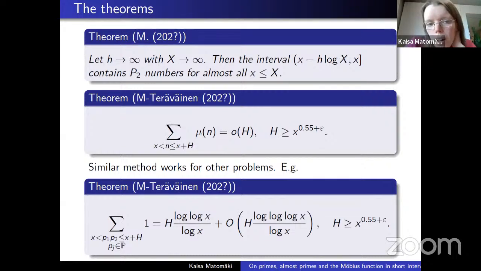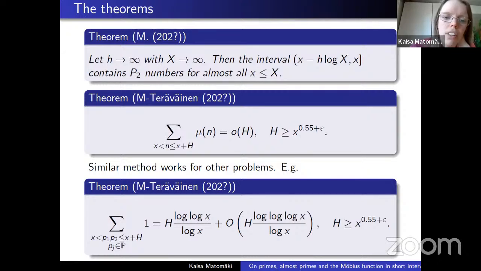So I'm actually not sure. I think that if one makes a probabilistic model, then one probably thinks that in all intervals of length about log x, there should be cancellation in the Möbius function. But not in all intervals of length as short as we have in Matomäki-Radziwiłł, because the length of the interval can tend to infinity as slowly as one wishes.